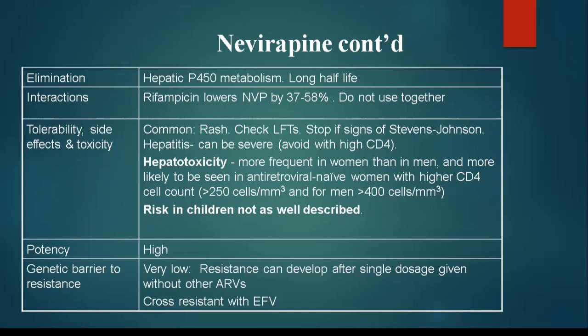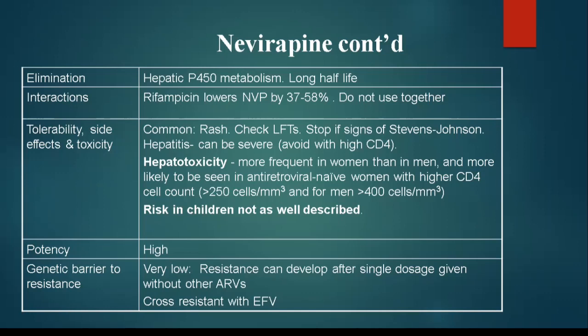So we are also talking about the second toxicity that it has, which is hepatotoxicity, more frequently in women than in men, and more likely to be seen in antiretroviral naive women with a high CD4 count of above 250 cells per millimeter, and for men, more than 400 cells per millimeter.